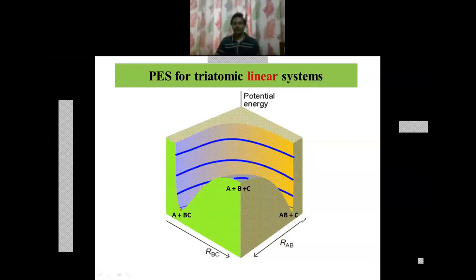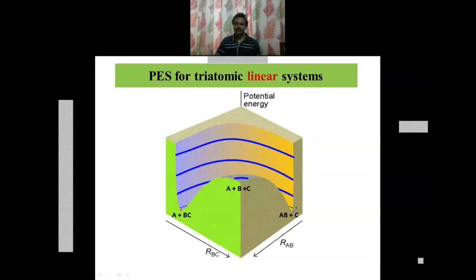Now if you look at this location, here it is AB plus C, because again this place is A plus B plus C, all infinitely separated. Now if I go along this, then A and B are coming closer.